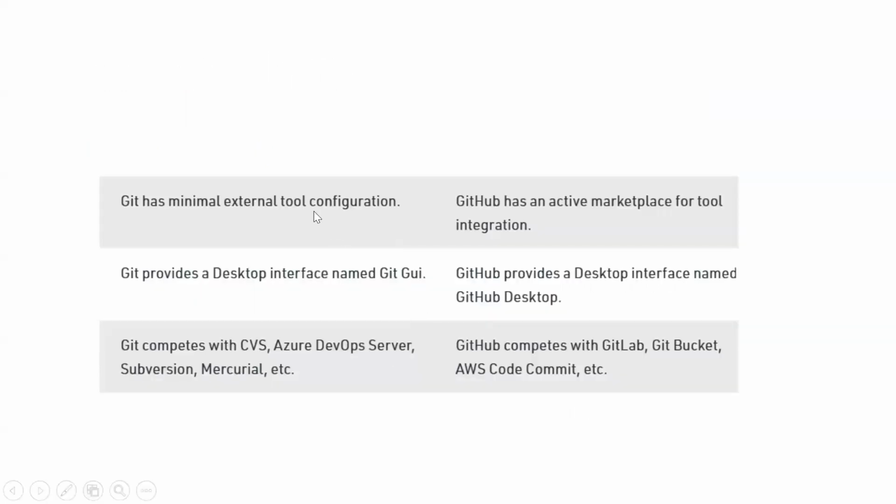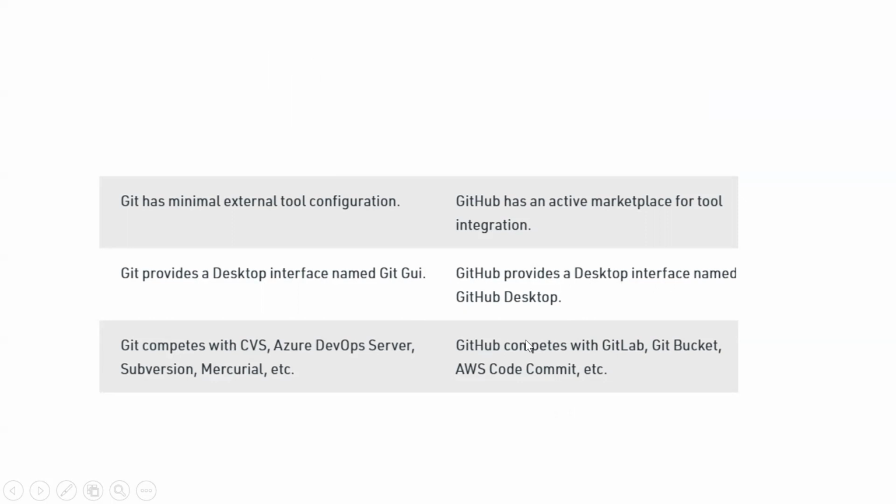In the last second slide of this difference part, we have some competitor products of Git as well as GitHub. Competitor products in the market are CVS, Azure DevOps Server, Subversion, Mercurial. Those are different competitor products.